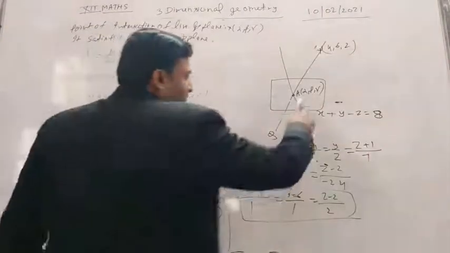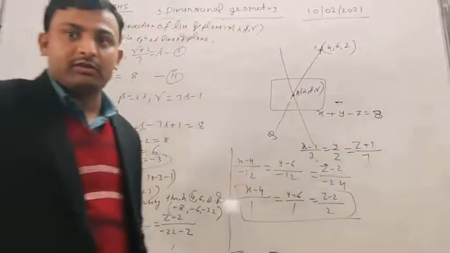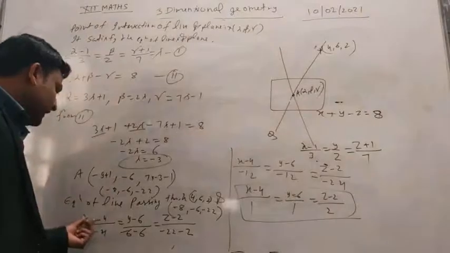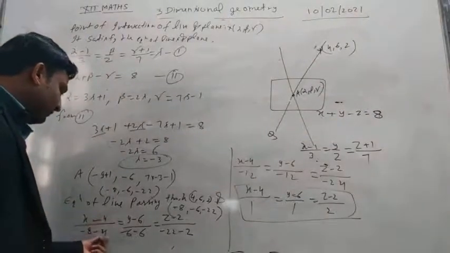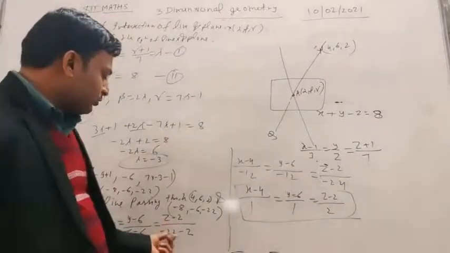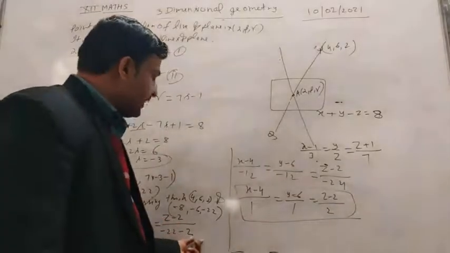Now we get two points, this and this. Now easily with the help of these two points, we can get our equation of the line passing through them. So that will be (x minus 4)/(minus 8 minus 4), (y minus 6)/(minus 6 minus 6), (z minus 2)/(minus 22 minus 2).